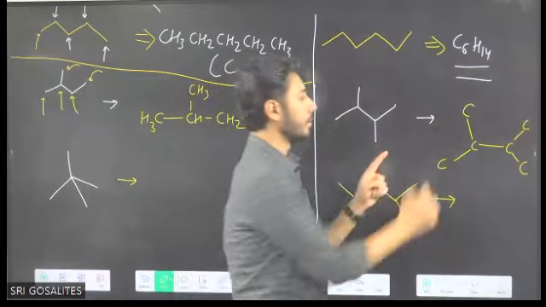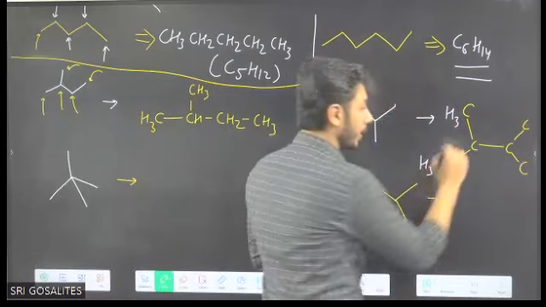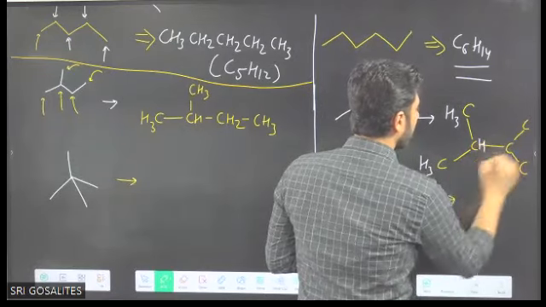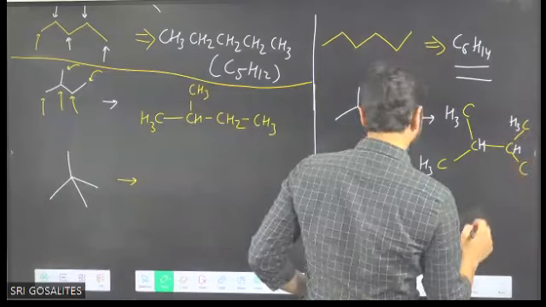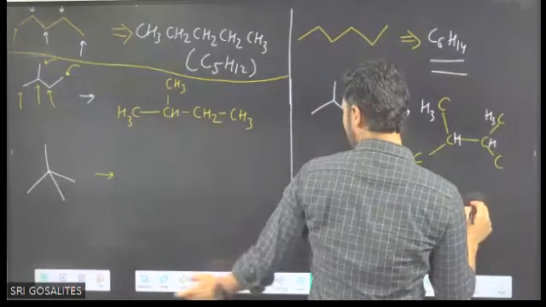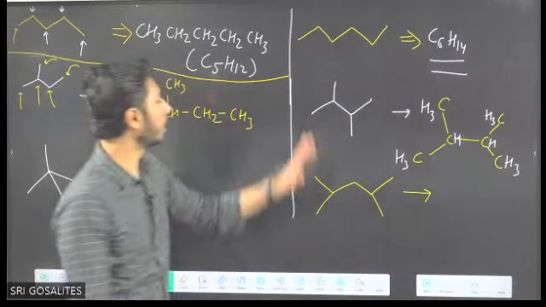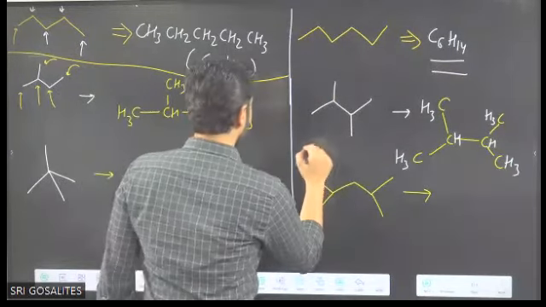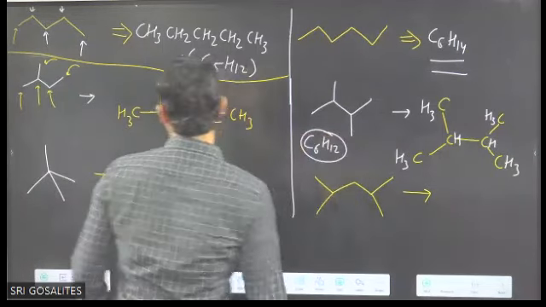CH3, CH3, very good. Here also CH3. Then here hydrogen is present. Here also hydrogen present. Here CH3 and there also CH3. Total 6 carbons are there. That means the molecular formula is C6H12.